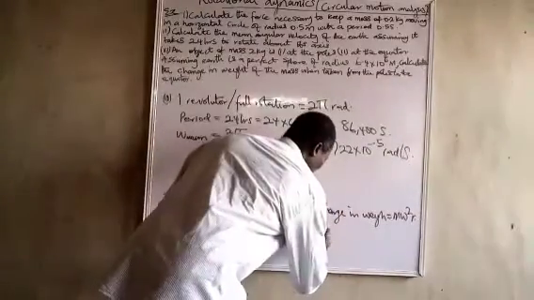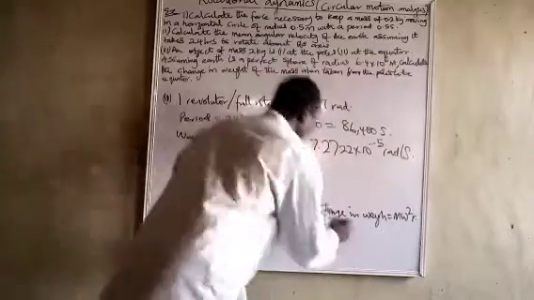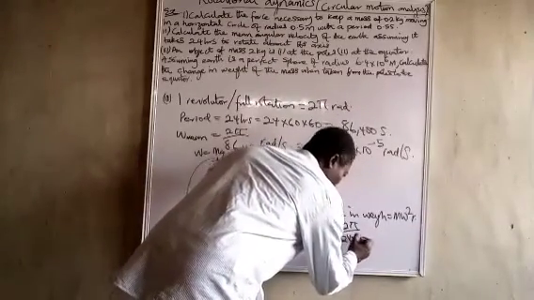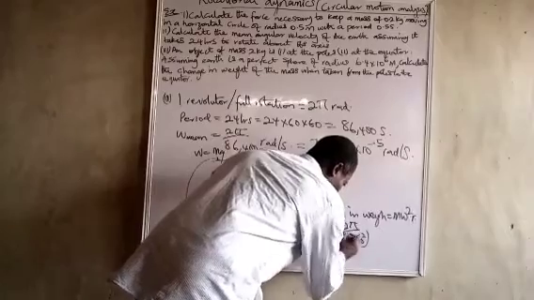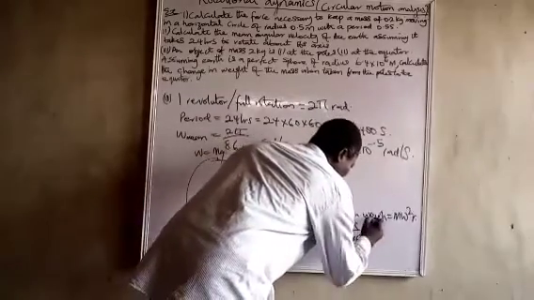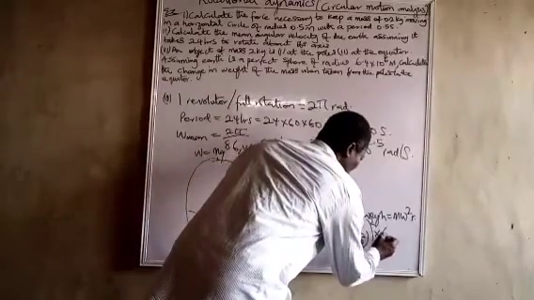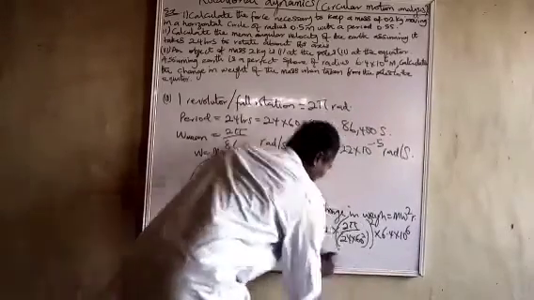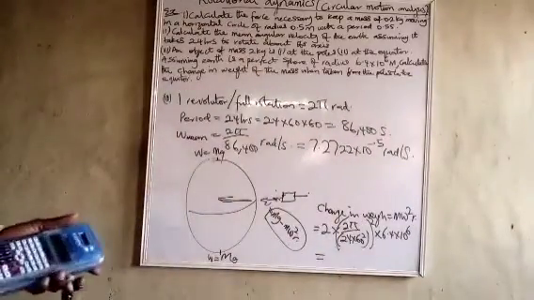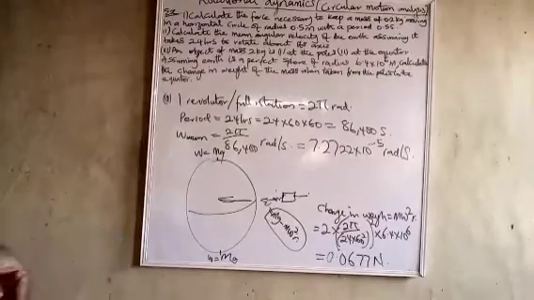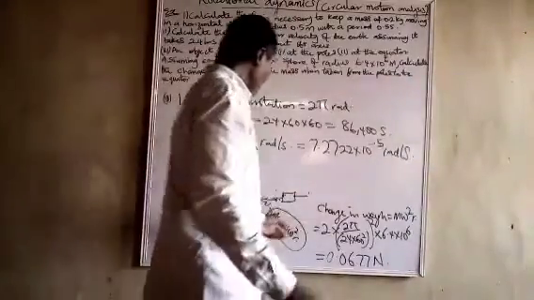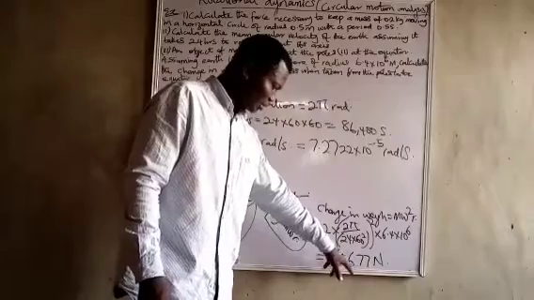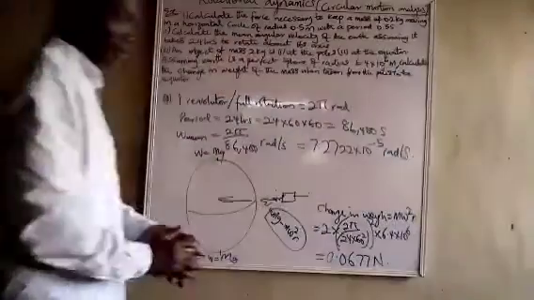So it will be equal to 2 times 2 pi over 24 times 60 squared, all squared, times 6.4 times 10 raised to the power 6. And let's see what this one will give us now. So, the change in weight will be m omega squared r, and that is 0.0677 newton. Very straightforward.